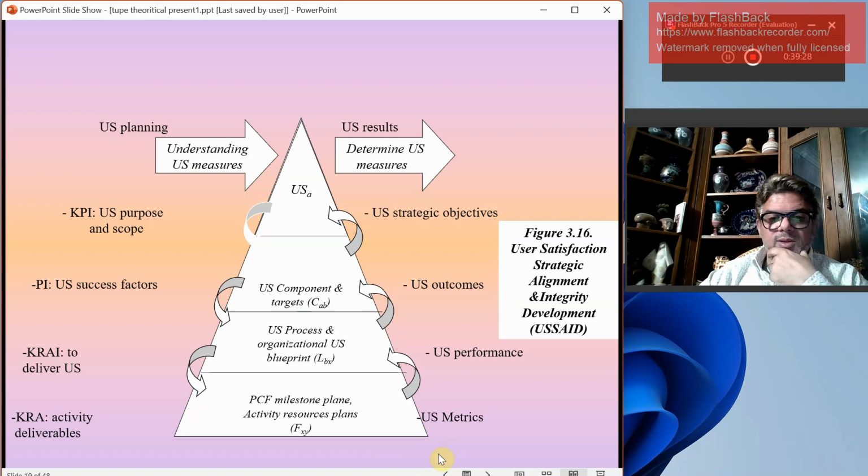So after this, I will take the zeros and ones in the user satisfaction metrics, mathematical evaluation. I'll get my user satisfaction performance, another evaluation, user satisfaction outcomes, another evaluation, user satisfaction strategic objectives. And from all these outputs, I can determine the user satisfaction measures.